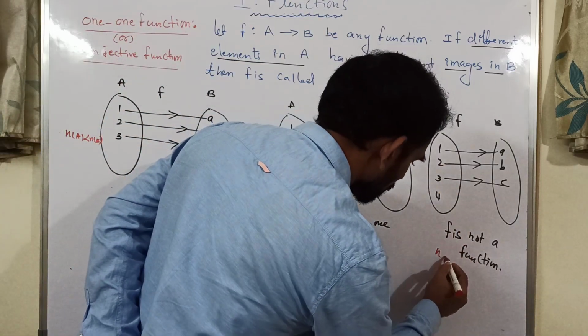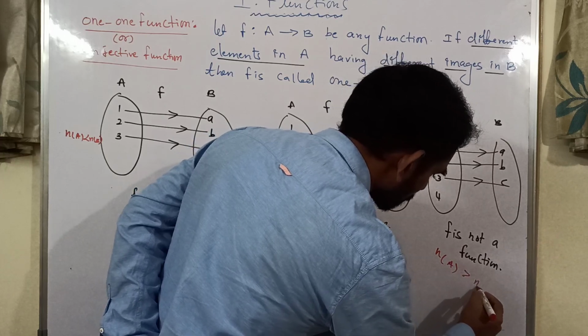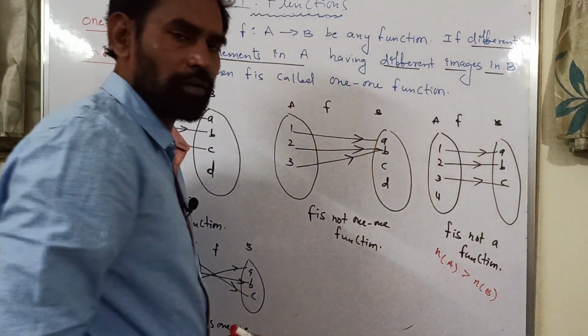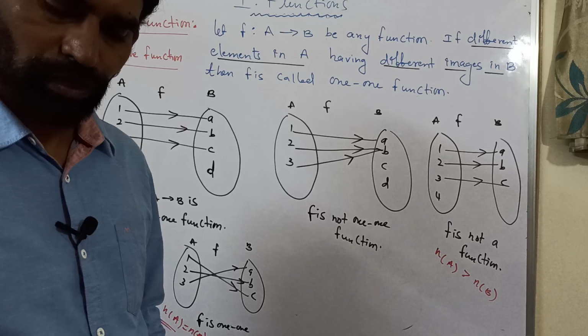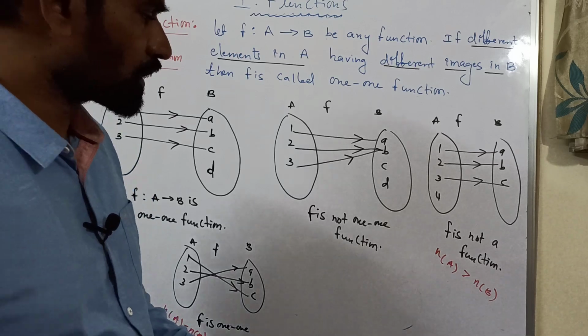In this case the number of A is greater than the number of B, but f is not one-one. Not only like this, one more way you can define.